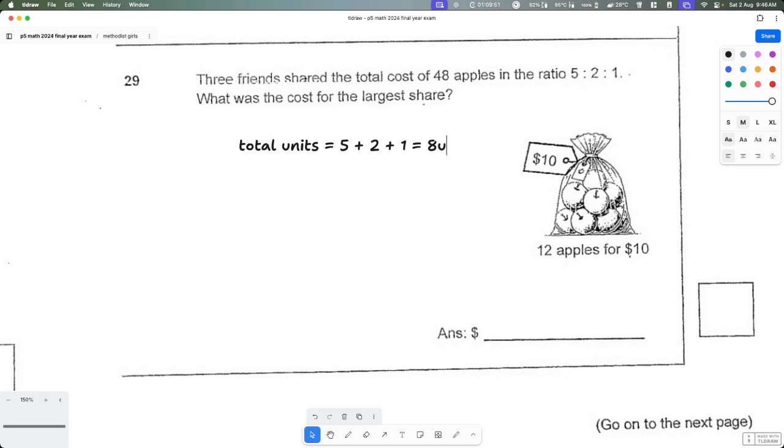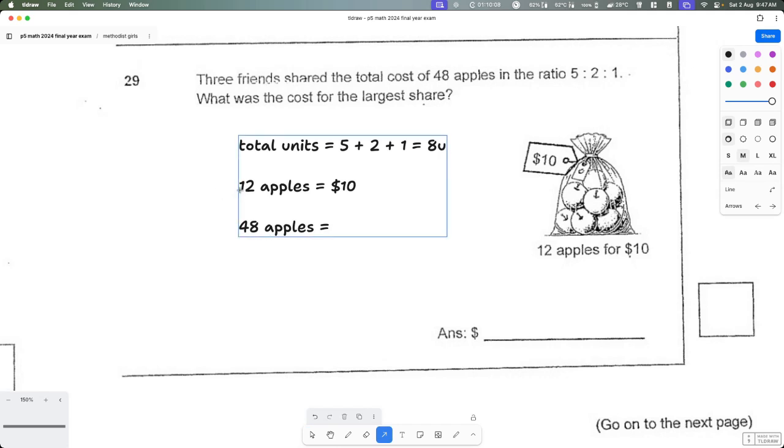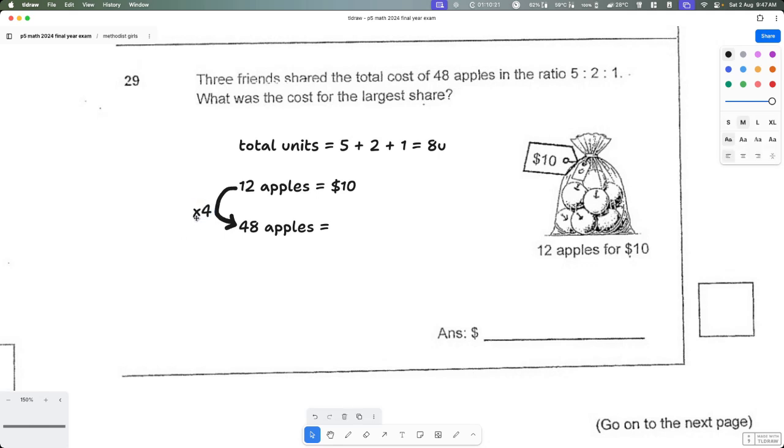Now, total cost: 12 apples is equal to $10, and 48 apples is equal to... I'm going to put the arrow like this. From 12 to 48, we need to multiply by 4. So 4 times 10 is $40.